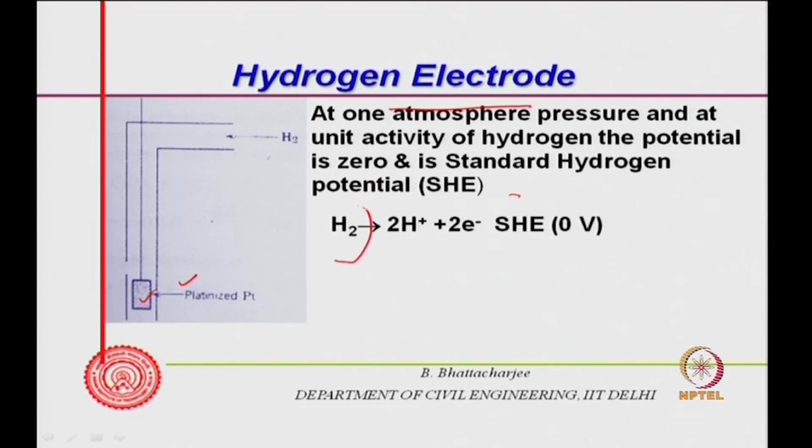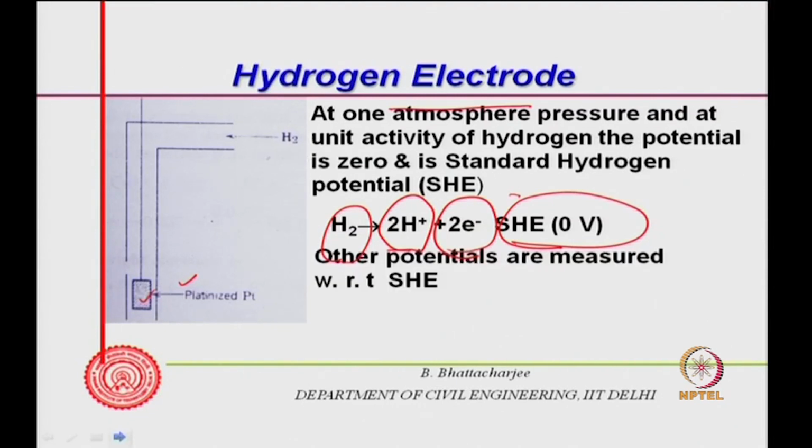So, the reaction is H 2 breaking down into 2 H plus and 2 electrons, and corresponding to this reaction the potential is taken to be 0. All other potentials are measured with respect to this.